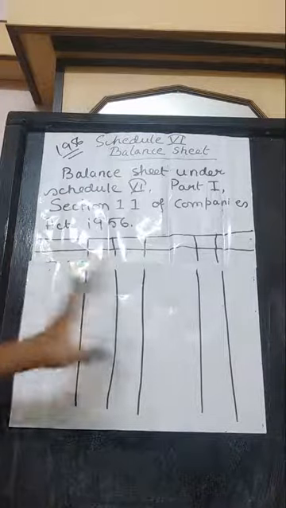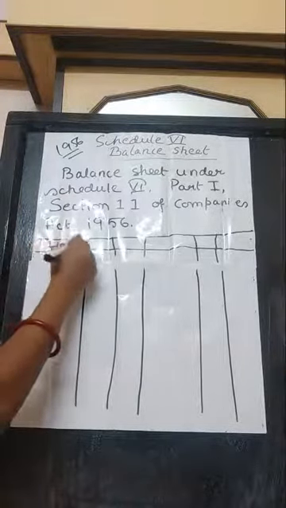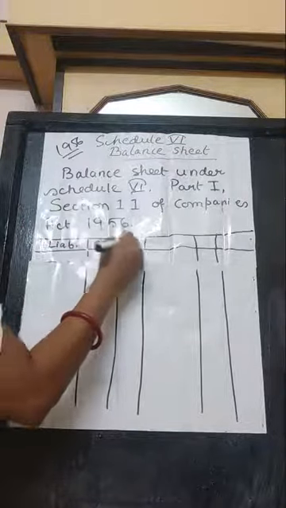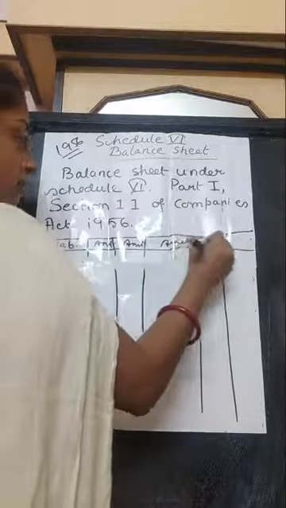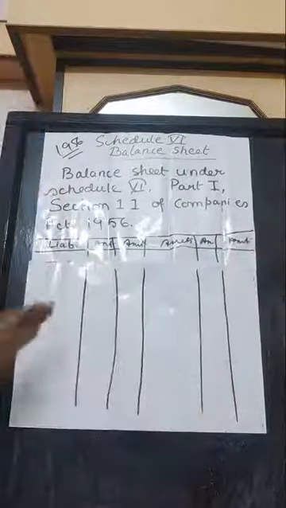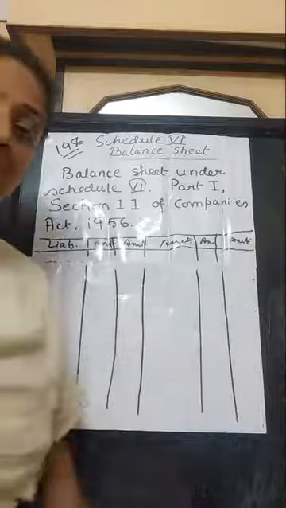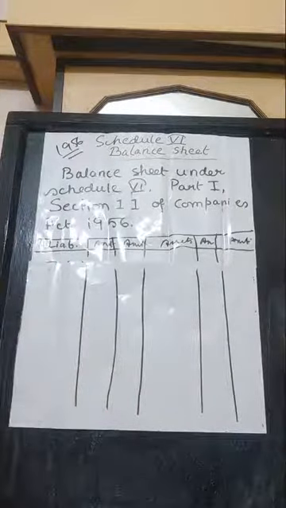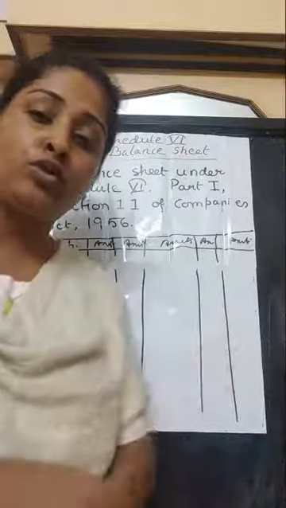So this will be the format as we have done earlier: the liability side, amount, and then assets, amount. Here also we will prepare the same format, but the categories will change, the heading will change, and items will be more. So many more items are going to come.